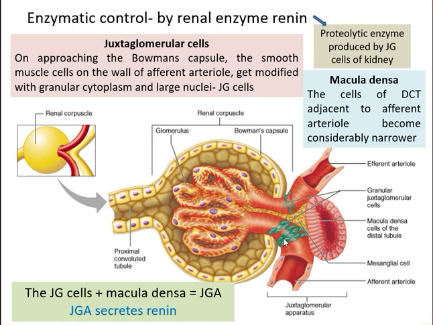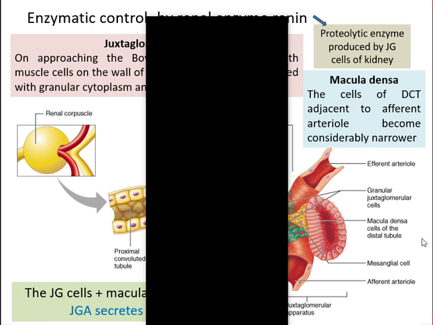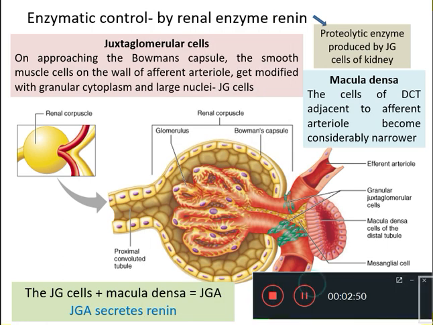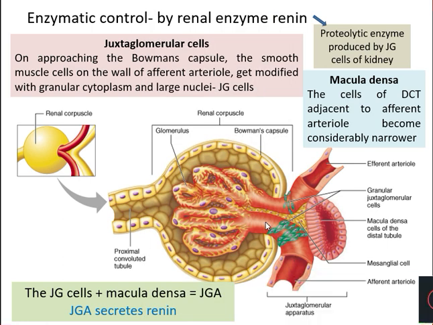Their cytoplasm becomes granular and they develop large nuclei compared to the other smooth muscle cells of the afferent arteriolar wall. Such cells are the juxtaglomerular cells.